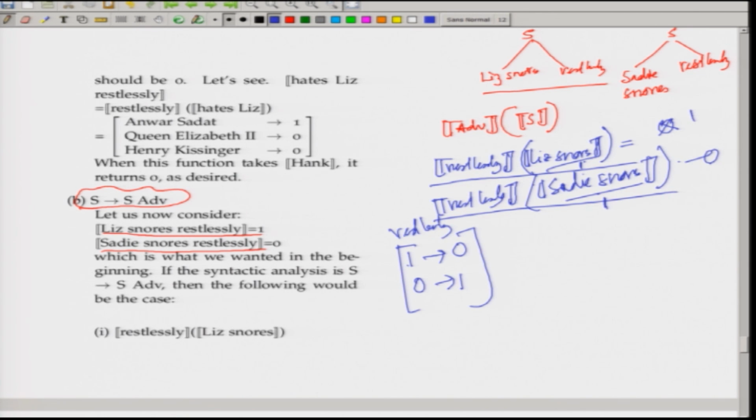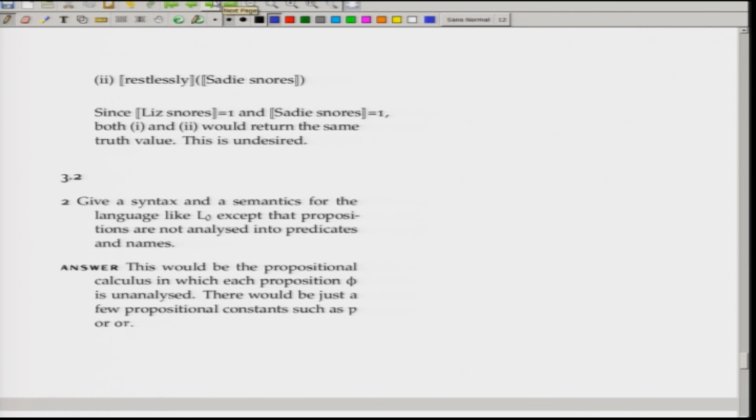The desired thing is this should be 1, this should be 0, but this analysis will not allow us to have that. So, as we have said here, since both Liz snores and Sadie snores are 1, restlessly would return 1 truth value for both, which is problematic, which we cannot afford to have. That is the reason this construction, that is S goes to S ADV, is problematic.